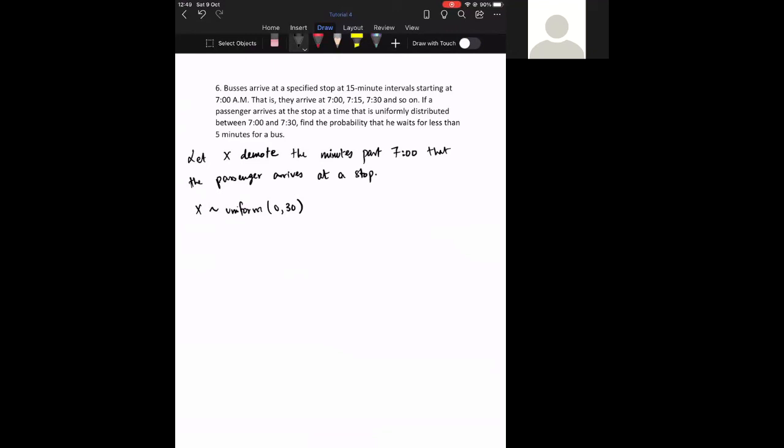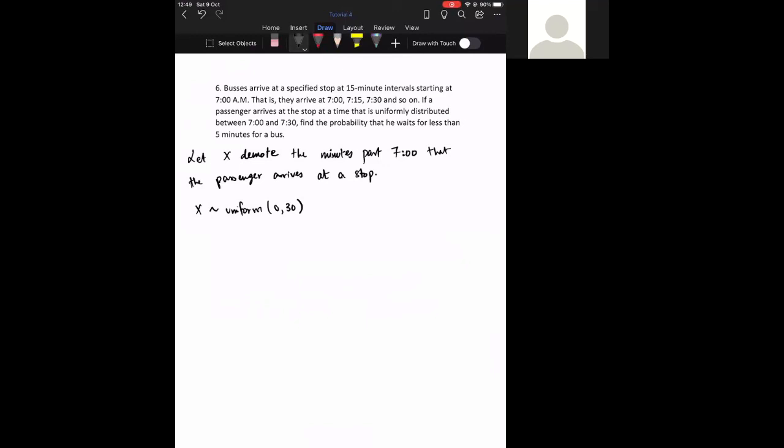So in order for him to wait for less than 5 minutes, they can either come between 10 and 15 minutes after 7 or between 25 and 30 minutes after 7, because we know that the bus will arrive at 15 minutes after 7. Between 10 and 15 minutes, there's a 5-minute waiting period. Times of the bus are deterministic; they will not arrive at any other time.